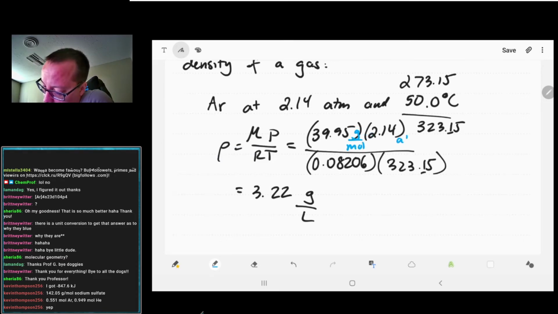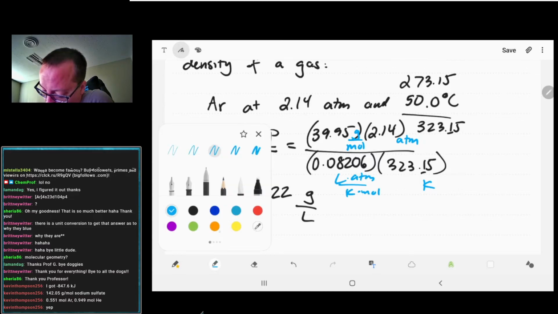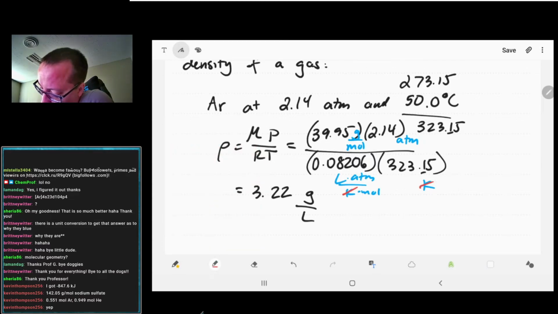This is atmospheres. This is liter atmosphere per Kelvin mole. And here's Kelvin. So Kelvins will cancel. Atmospheres cancel. Moles cancel. We're left with grams per liter. Hooray. All right, so density of a gas, we just use that formula. And that's it. So hooray. Yeah, that'll be it technically. So we've done it. Lucky us.